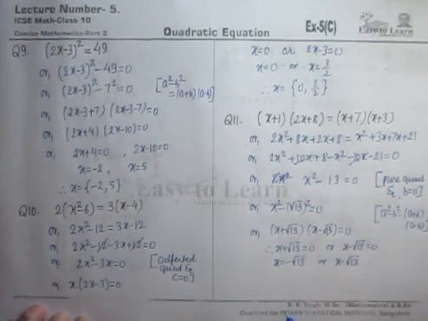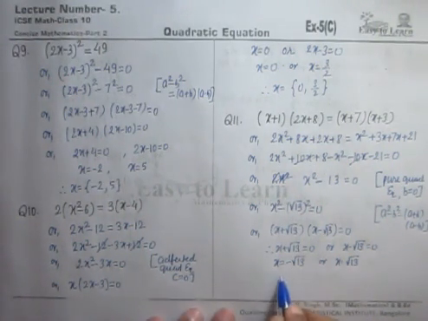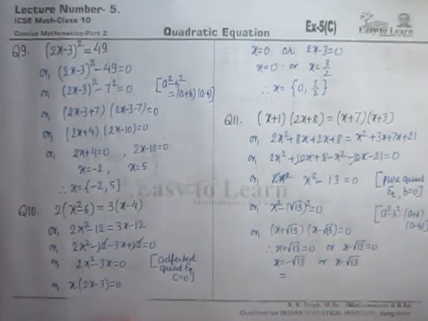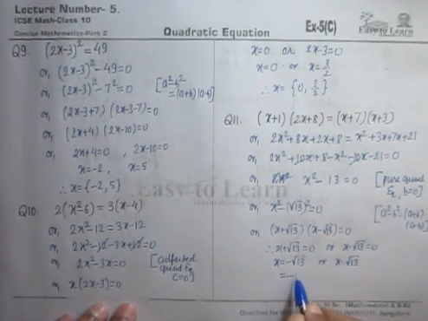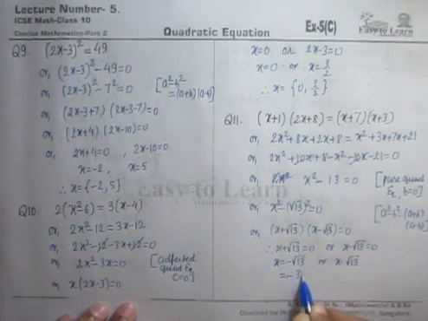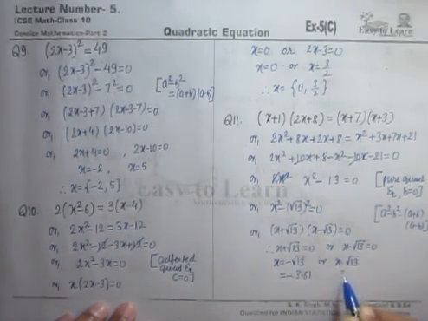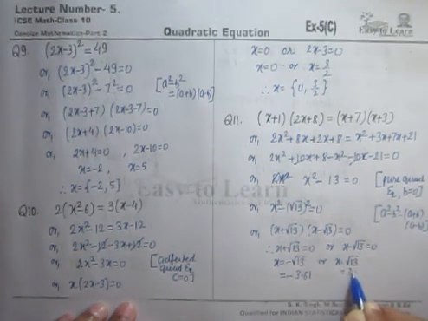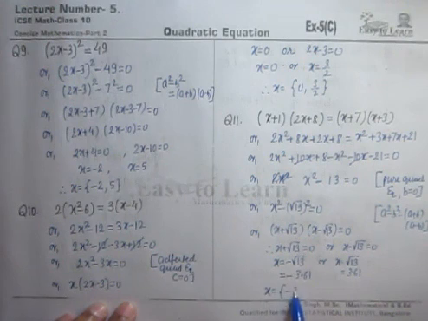Now if it is possible to put the value of root 13, then you can put its value. I am writing the value of root 13 up to 2 decimal places: minus 3.61, and here it is 3.61. So the answer is x equal to minus 3.61 and 3.61.